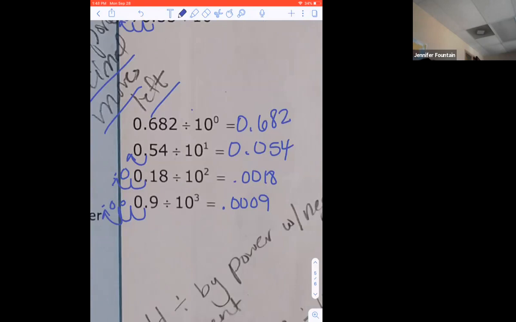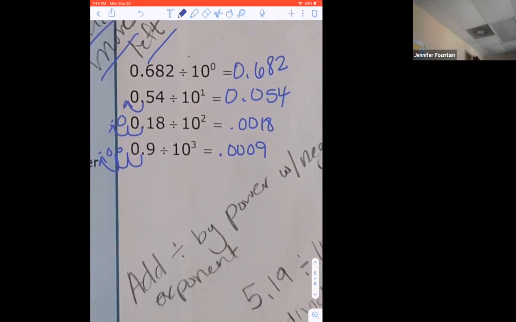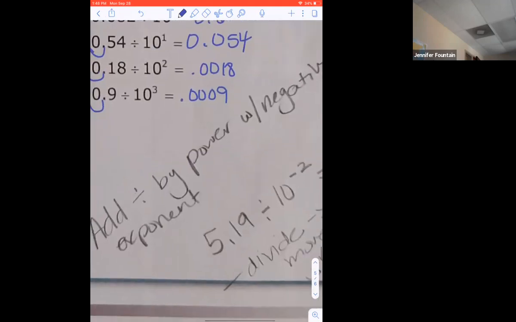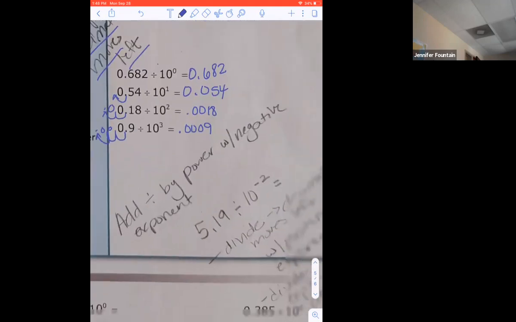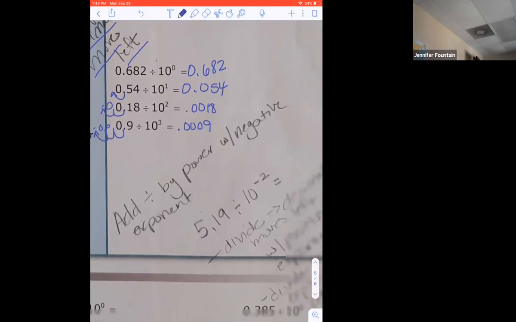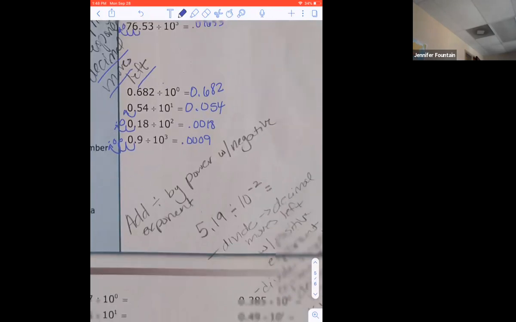Any questions about these? Y'all feeling pretty comfortable with just moving those decimals based on whether you're dividing or multiplying by a negative? Now what did I mean here? Dividing by a power with negative exponents.